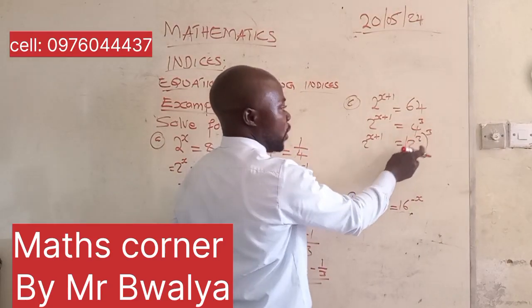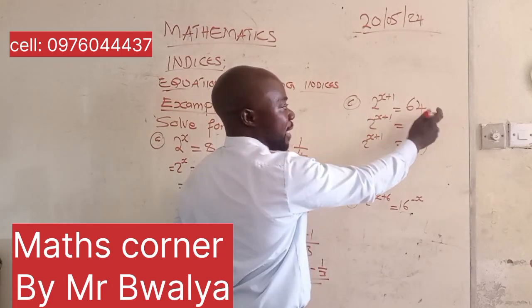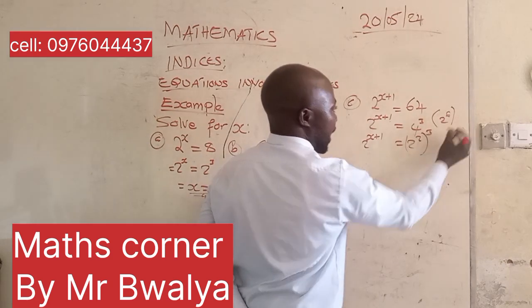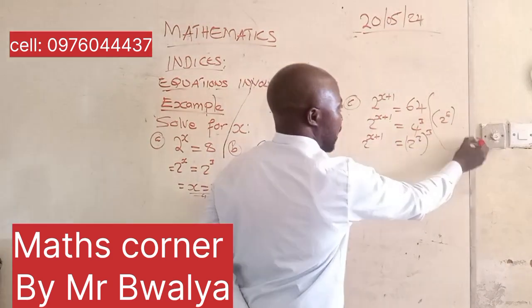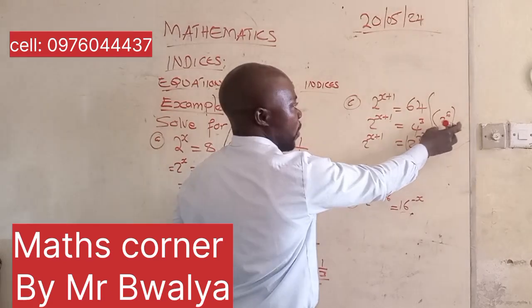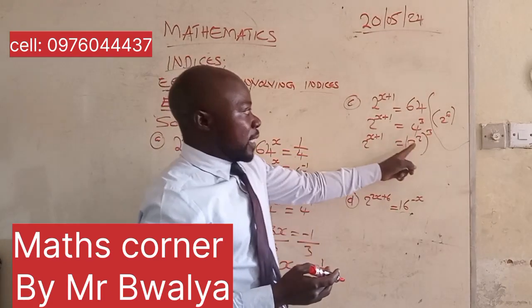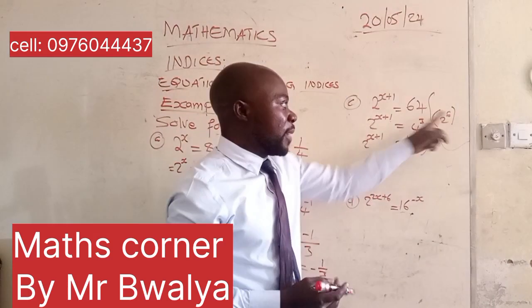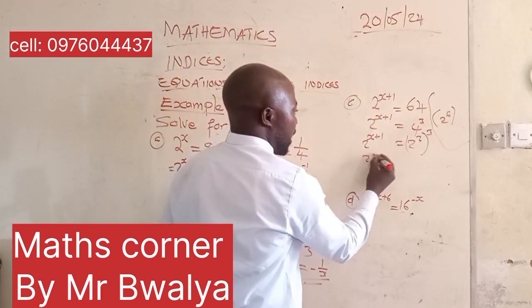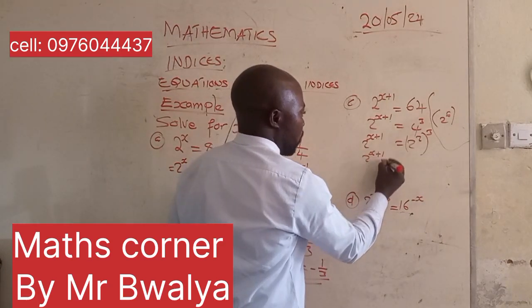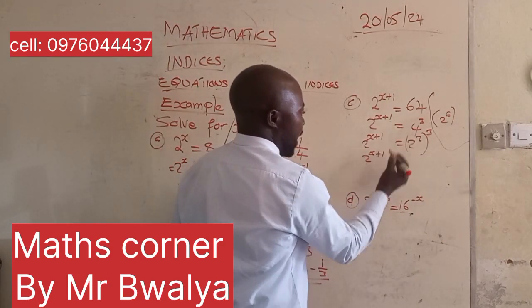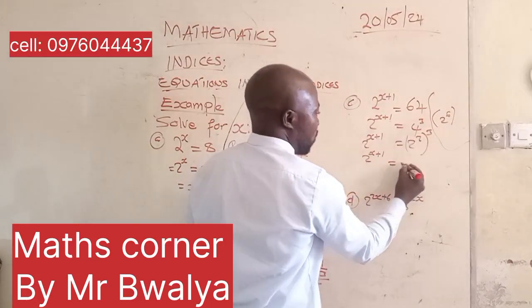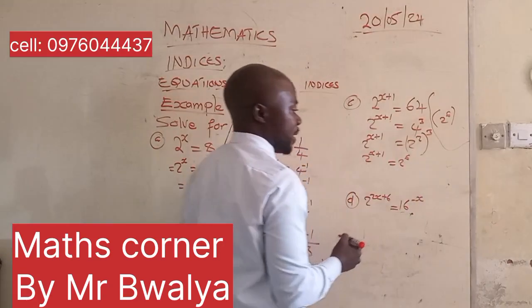Then you multiply 2 times 3, which gives us 6, the one I wrote earlier, 2 to the power 6.